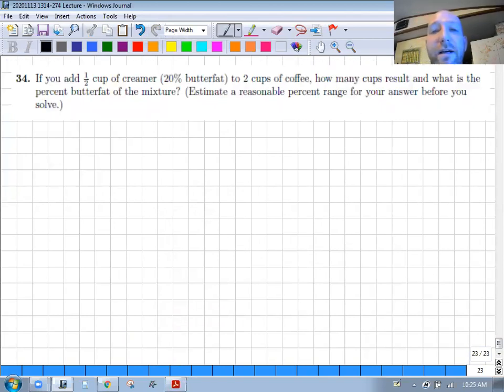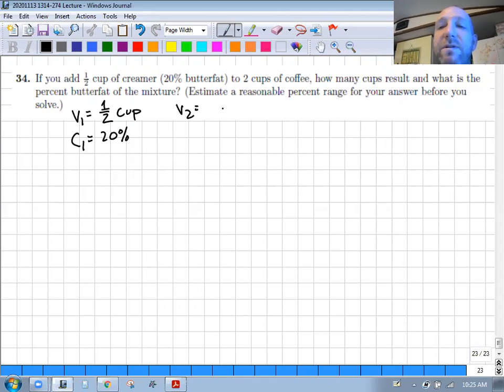All right, if you add a half a cup of creamer, which is 20% butterfat, so let's say V1 is a half a cup, and its concentration is 20% butterfat. We're adding that to 2 cups of coffee. V2 is 2 cups. So its concentration is 0%.